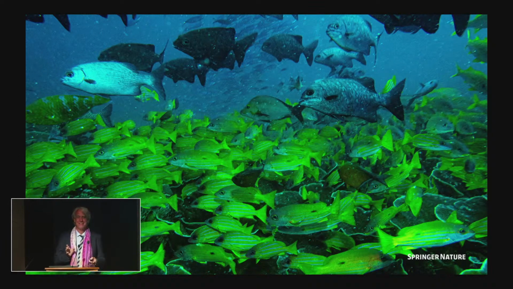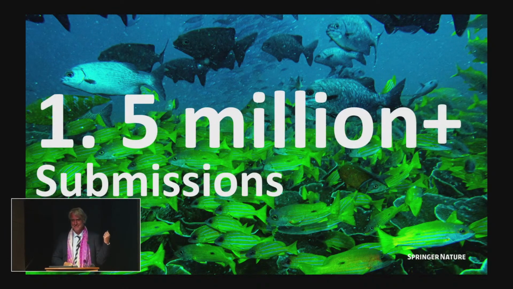Maybe we do a show of hands. Who thinks 10,000? Who thinks more? 100,000? 200,000? 500,000? 1.5 million submissions. This is what we get every year, and this is what we handle every year.